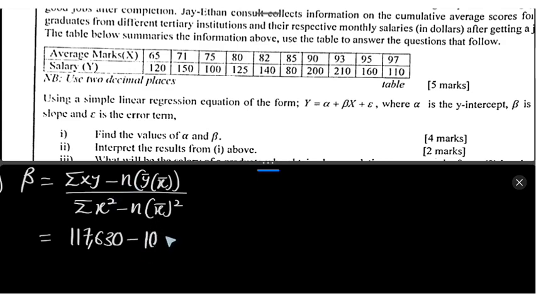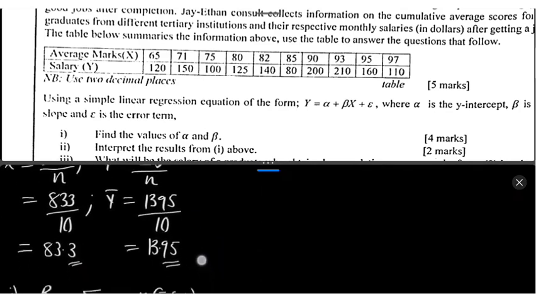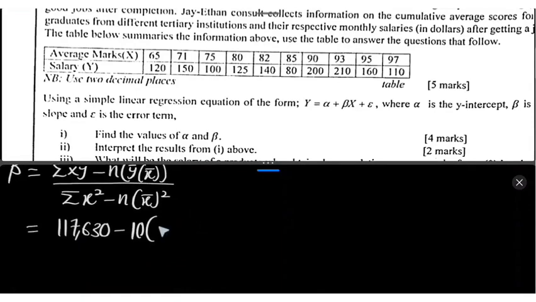So right here 10 multiplying, and we know y bar, let's check, y bar was 13.95, multiplying x bar, which is 83.3. All right, so that's what we are talking about here.